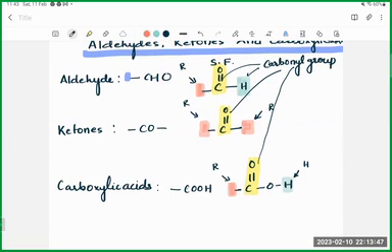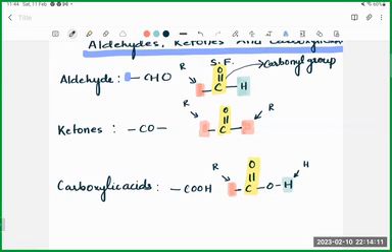So these functional groups we are learning under carbonyl group containing compounds. Is this clear, Hridaya? Yes. Good. So remember, it's a carbonyl group. Aldehydes hold it, ketones and carboxylic acids hold it.